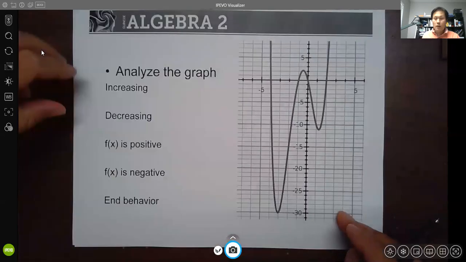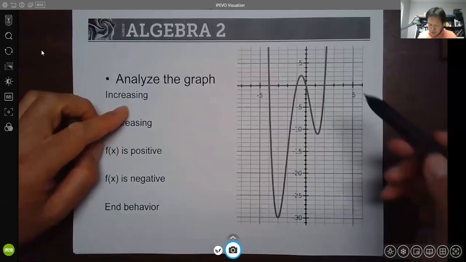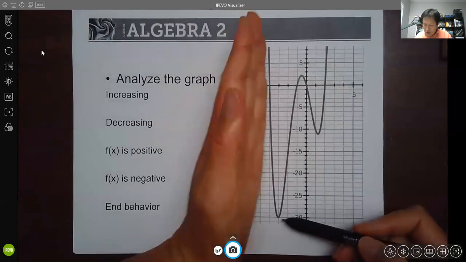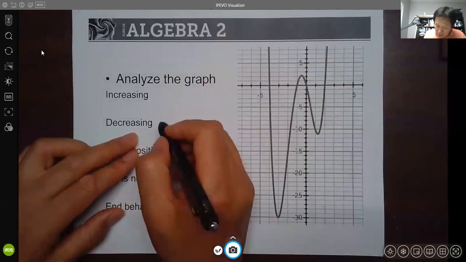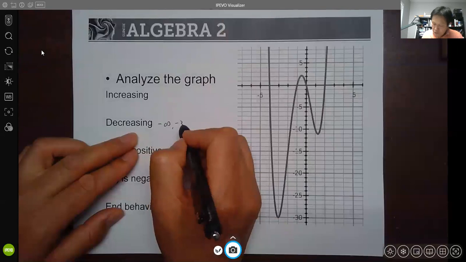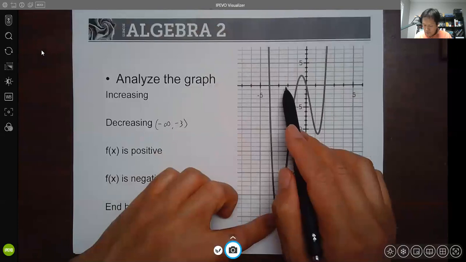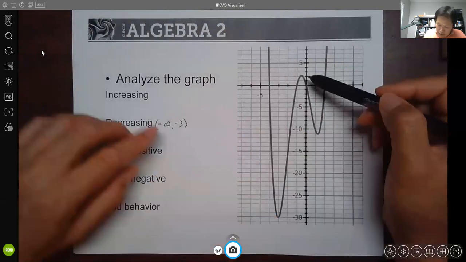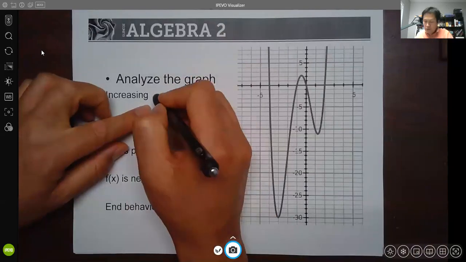Okay. Pause the video, please. You try first. Okay, increasing, decreasing. It's decreasing right here, minus infinity to right here, which is minus 3. Minus infinity to minus 3, decreasing. Now it starts increasing from minus 3 to, I will say, minus 0.5, increasing.